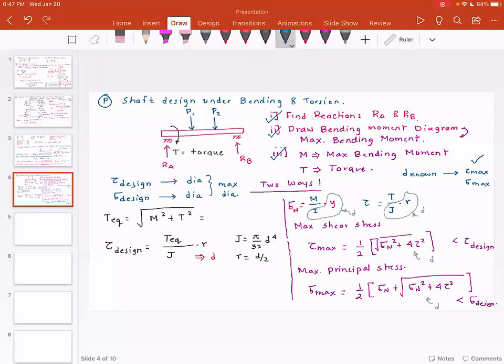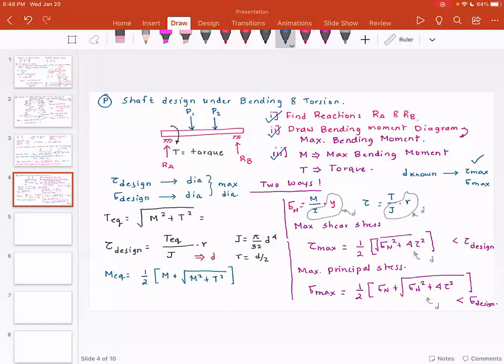Now, if I want to find the equivalent moment, M_EQ, that is given as 1/2 times M plus the square root of M square plus T square.